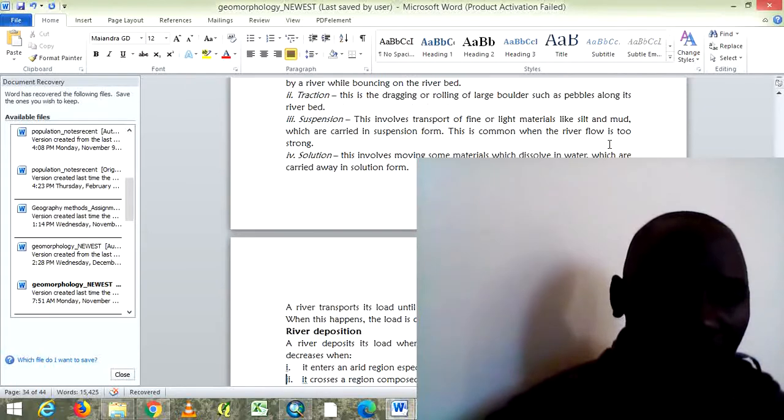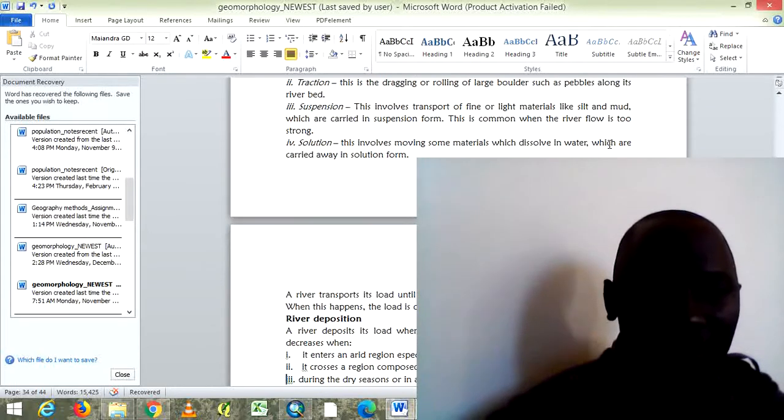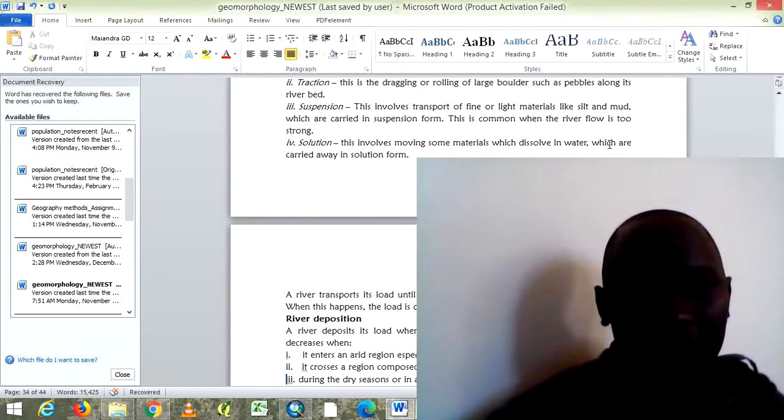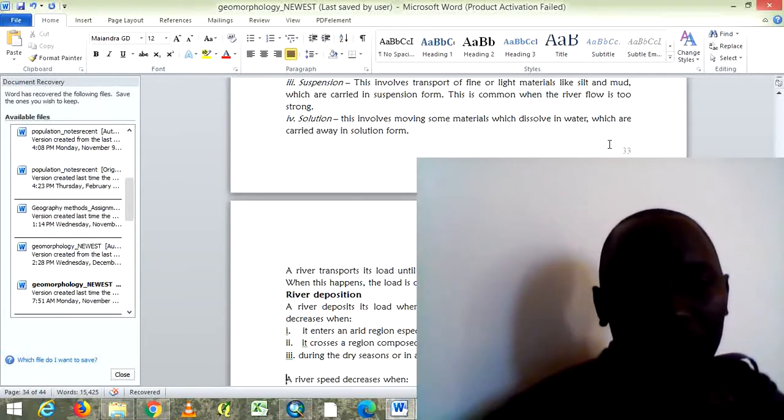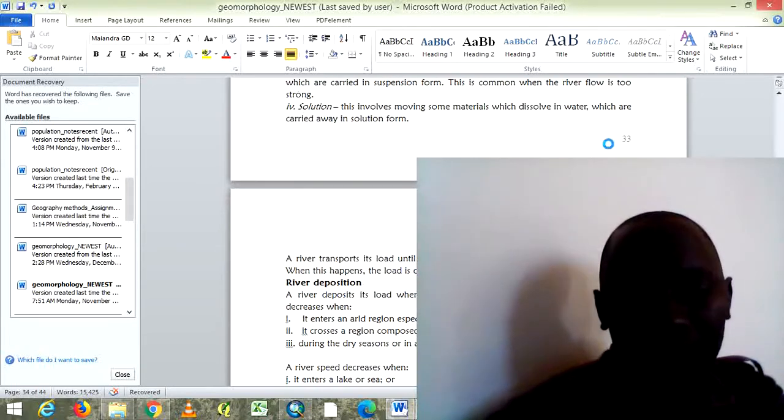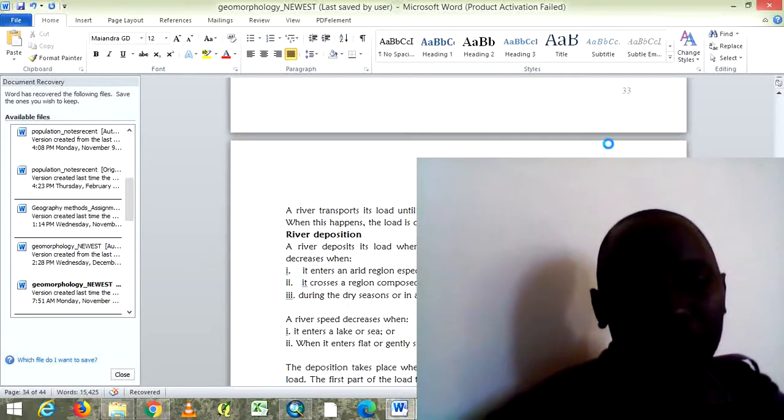A river usually transports its load until it has insufficient energy to transport it any further. And when this happens, the load is usually deposited. So here we also realize that all these 3 processes that the river performs, including deposition, depend on the competency of a river. When a river deposits its load, then it means its volume and speed have decreased.